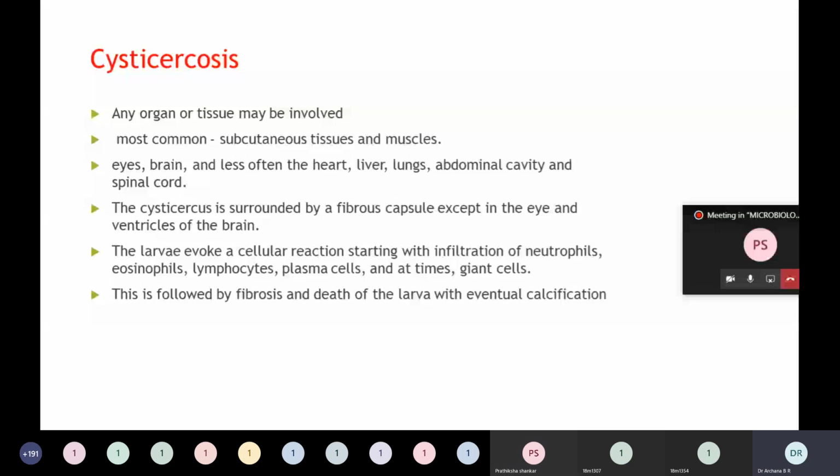Cysticercus is surrounded by a fibrous capsule, except in the eyes and ventricles of the brain. The larva evokes a cellular reaction, starting with infiltration of neutrophils, eosinophils, lymphocytes, plasma cells and at times giant cells. This is followed by fibrosis and death of the larva with eventual calcification.